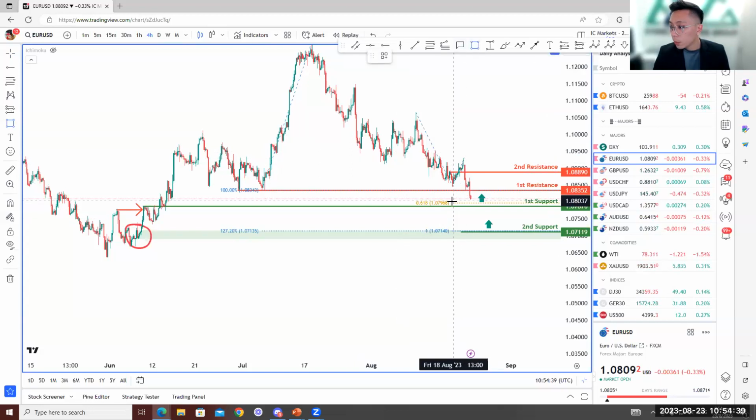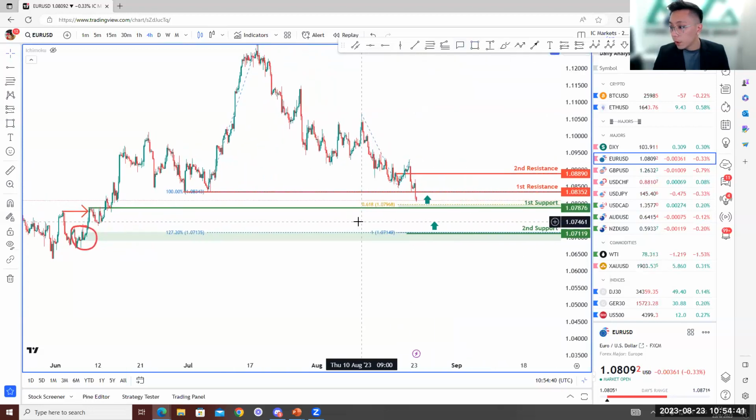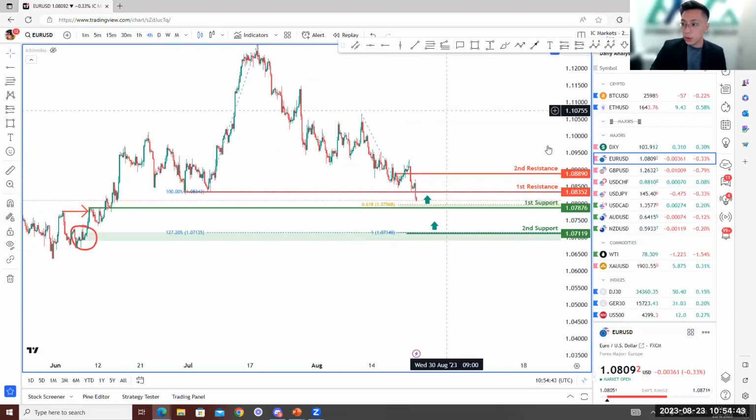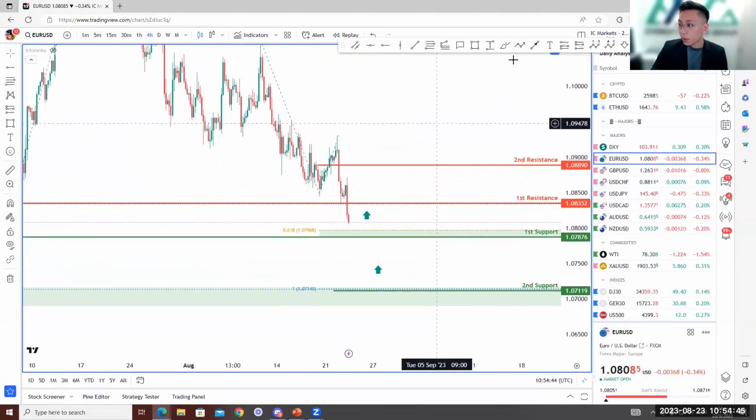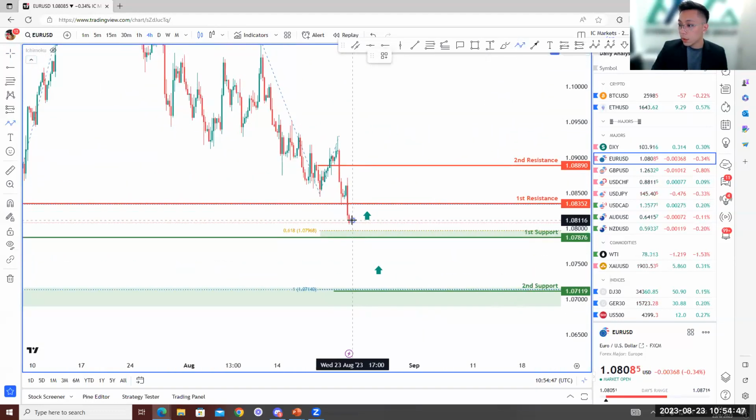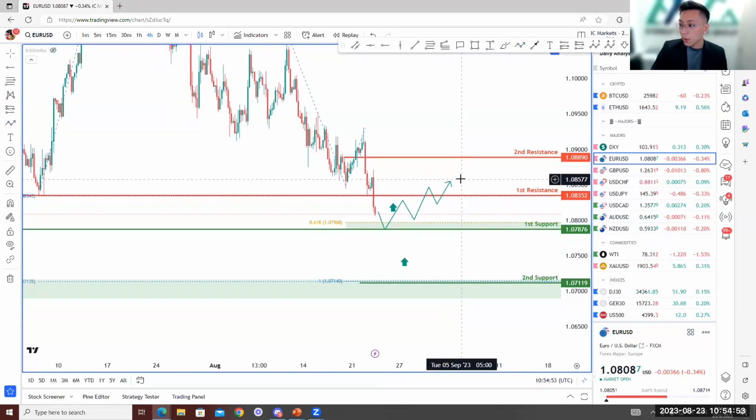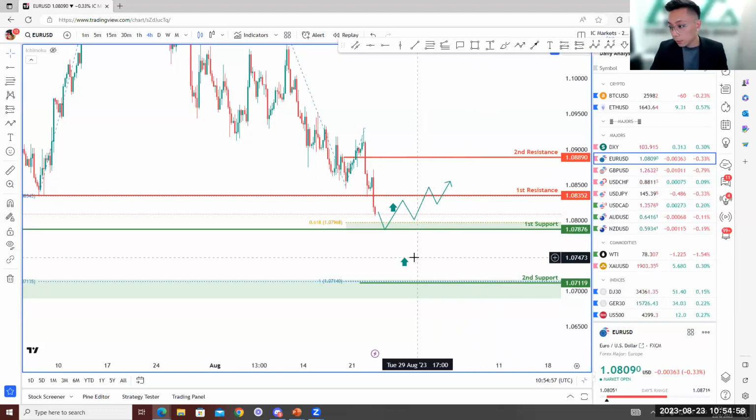Right, we have a pullback support right here. So essentially this could be our first trade, right? So price comes down here, bounces up, does something like that, right? So this is what we're looking for. But if price doesn't do that, then our next entry will be here.